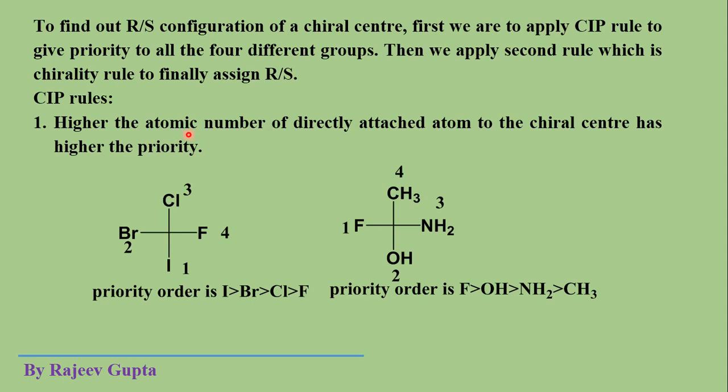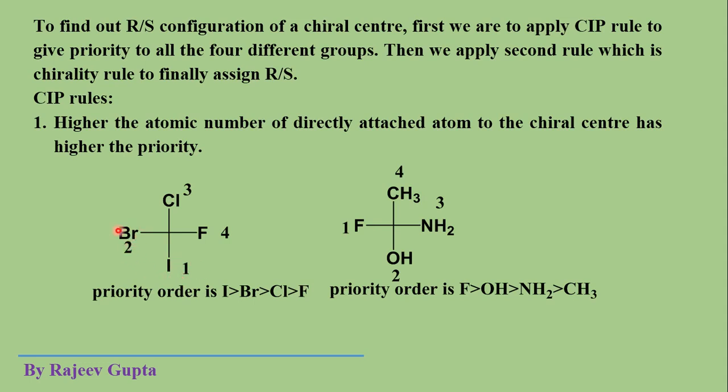We will see the atomic number of the directly attached atom. Chlorine, bromine, and the others are all directly attached to this chiral carbon. If we observe the periodic table, iodine has the highest atomic number, so it will get the highest priority. We will give it number 1.